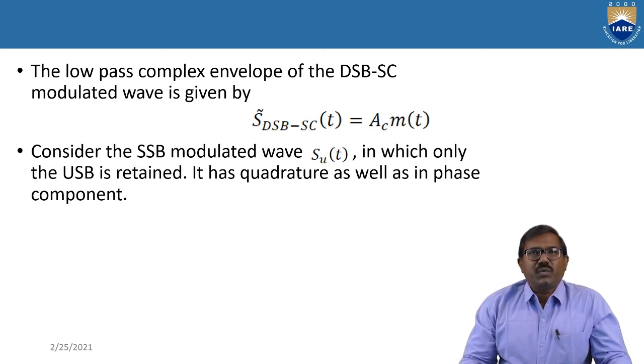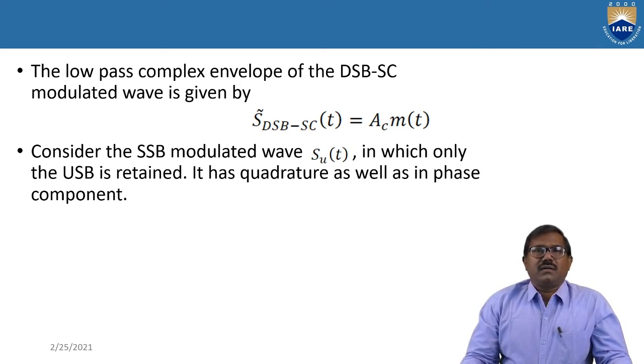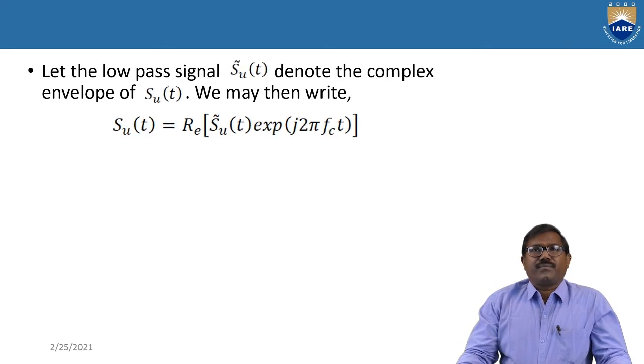So consider the SSB modulated wave s_U(t). Here s_U(t) indicates that only one band, the upper side band, is retained. It has a quadrature as well as an in-phase component. So let the low pass signal s̃_U(t) denote the complex envelope of s_U(t).